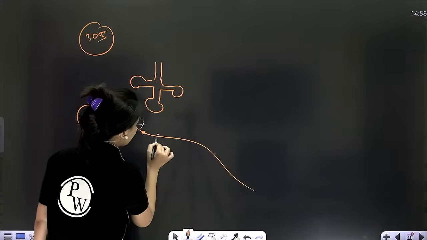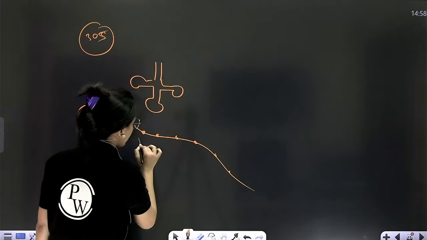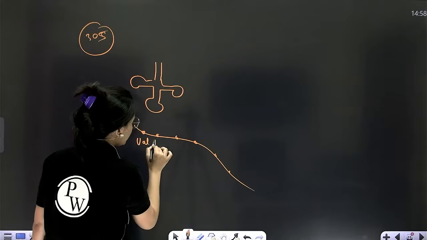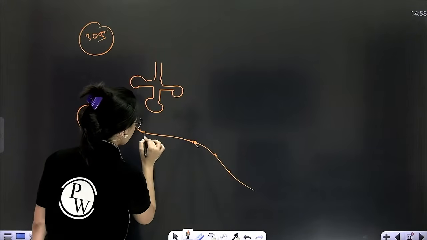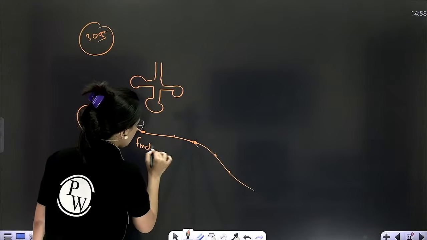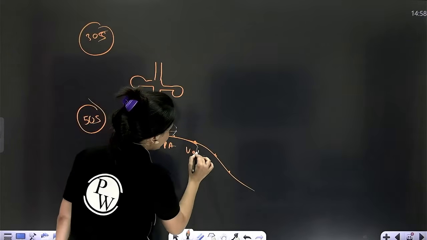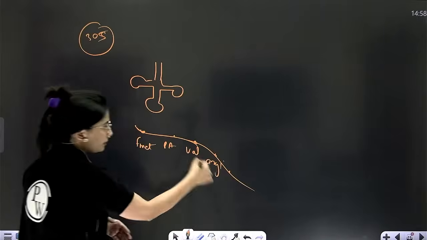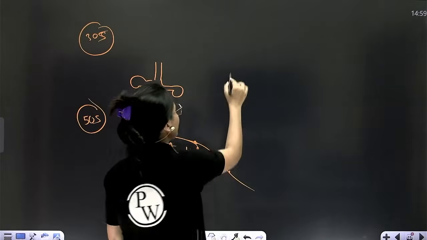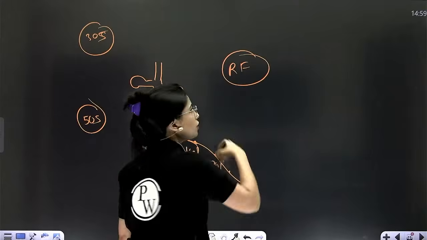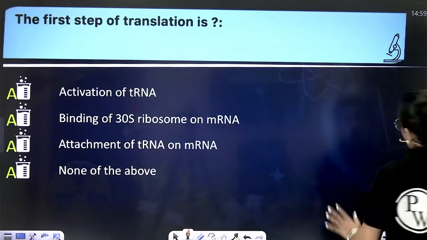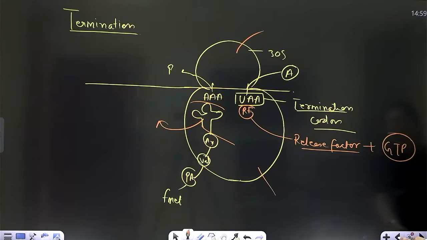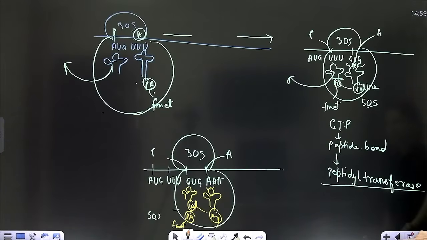The polypeptide chain is also set free, having all the amino acids which were synthesized. What was the sequence? F-met, phenylalanine, valine, arginine. So the whole amino acid chain is also set free, and then the release factor also releases itself. So this is how the process of translation finally ends.